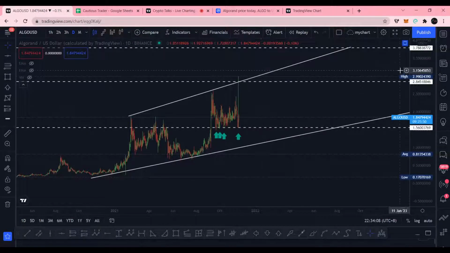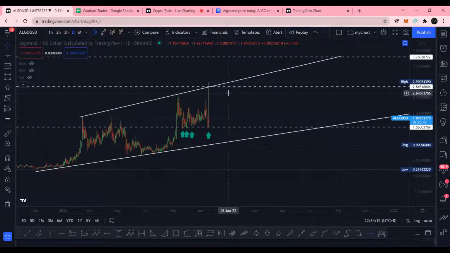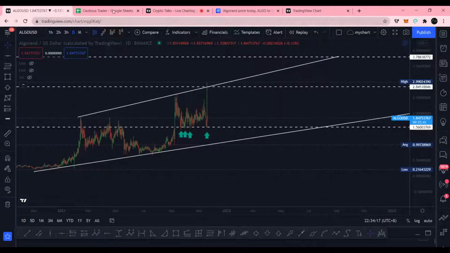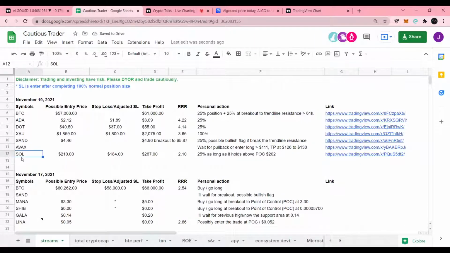But of course, it depends on where that candle will try to retest this resistance area. So more or less 2.85. No, that's on the stream already. That's my actual trade. So this is Algo.